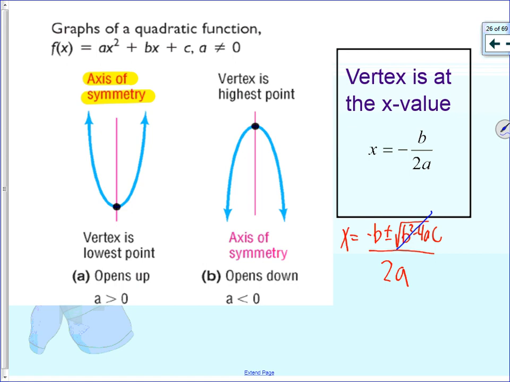Okay, so we're going to graph this parabola in three different ways. We're going to first do it in standard form, then we're going to do it in vertex form, and then we're going to do it in intercept form. So standard form, just to remind you, is y equals ax squared plus bx plus c.